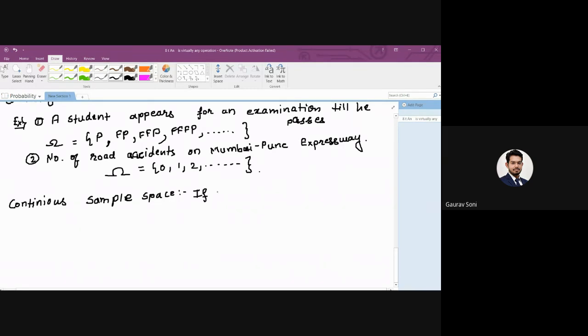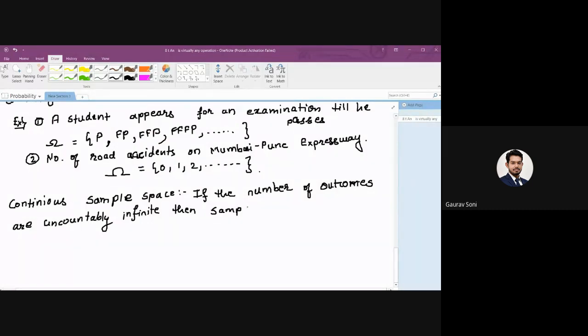So, if the number of outcomes are uncountably infinite, then the sample space is a continuous sample space.